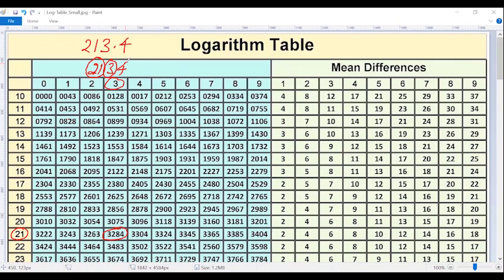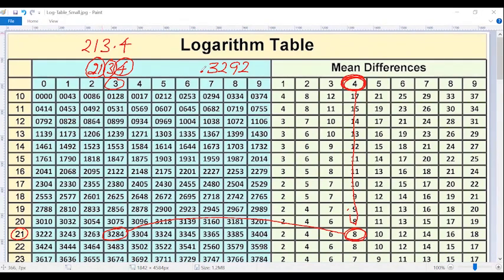Then in the second set, I will go to the fourth column, and I will move down in the same row and write 8. Then I will add these two: 3284 and 8, so I get 3292. So I got the mantissa part.